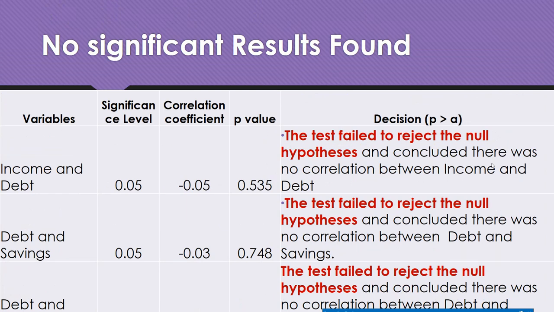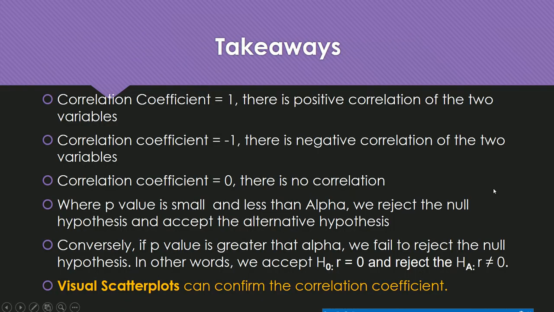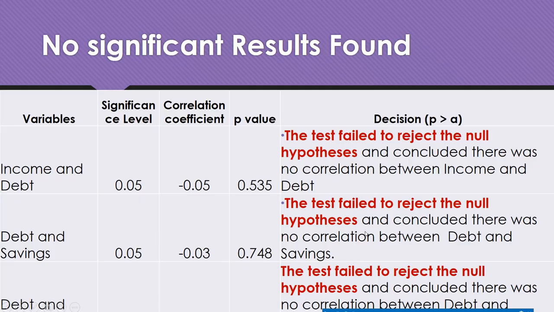The second set of results shows no significant results were found. We have 4 sets of variables: income and debt, debt and savings, debt and stocks, and stocks and wallet.